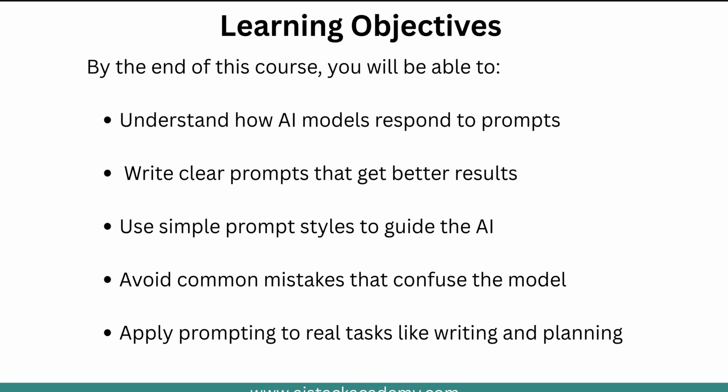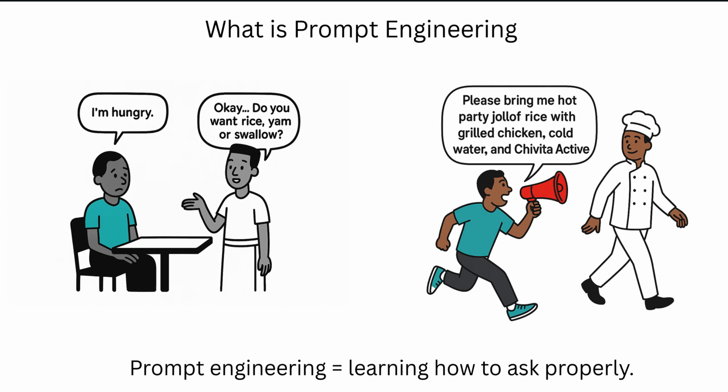And you should be able to apply prompting to real tasks like writing and planning, or whatever it is that you use artificial intelligence to do. I have just one goal: to help you write better prompts, to help you get better results from LLMs. So let's jump right in.